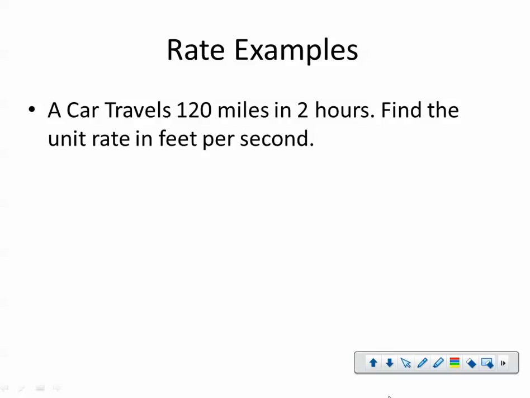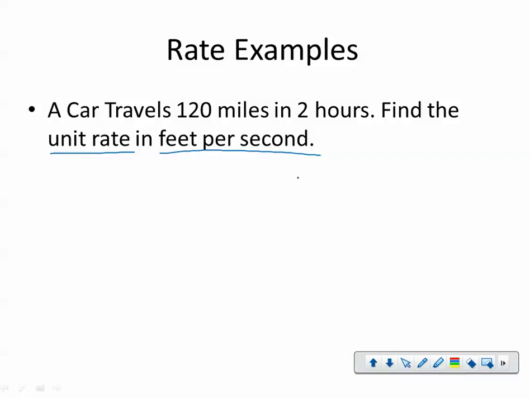A car travels 120 miles in 2 hours. Find the unit rate in feet per second. So there's a few things we've got to do here that are going to make things a little bit interesting. First of all, we notice that there's a rate going on, right? Miles per hour, but we need to convert this to feet per second.